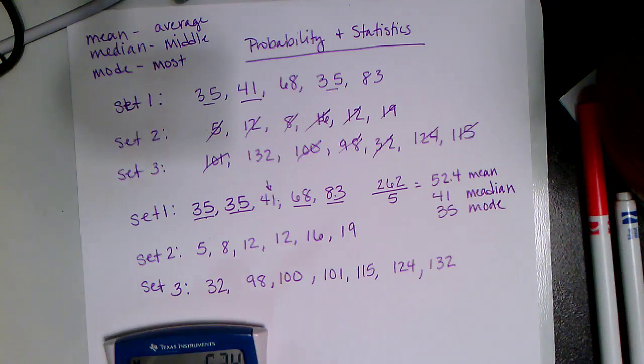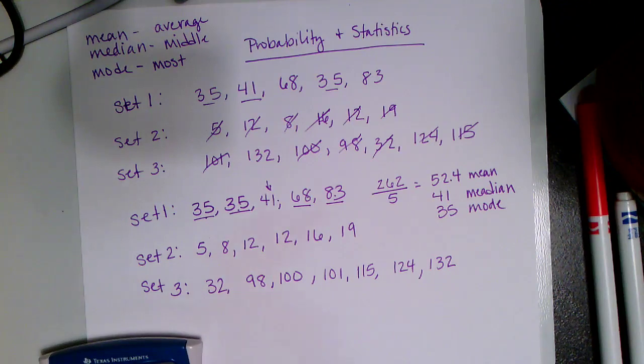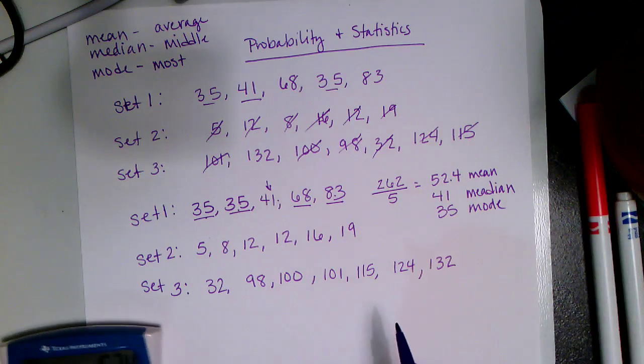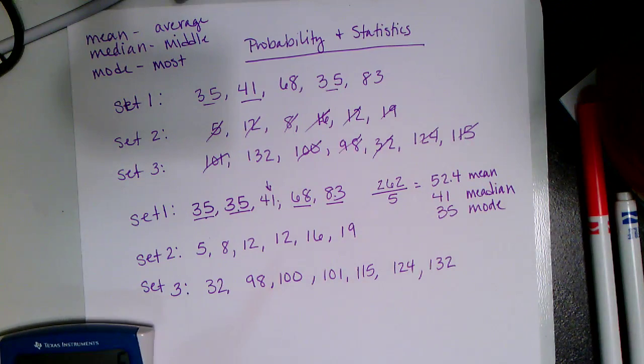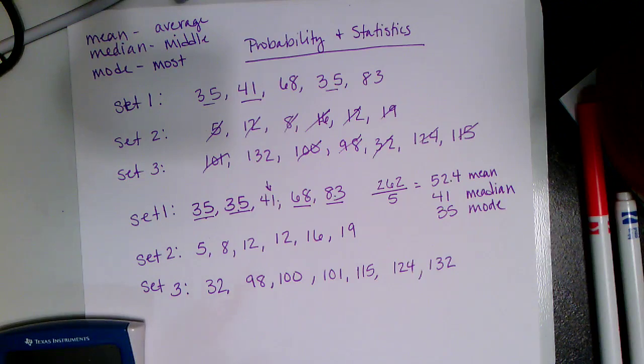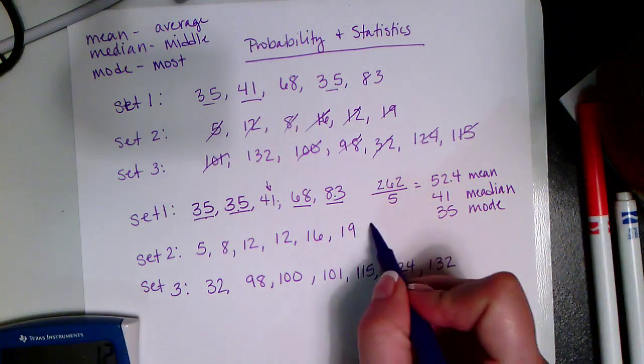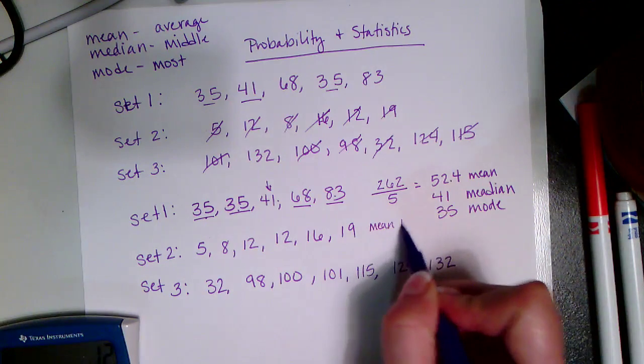All right. So when we come back, you've found the mean, median, mode for the other sets. And you realize that your mean is 12.